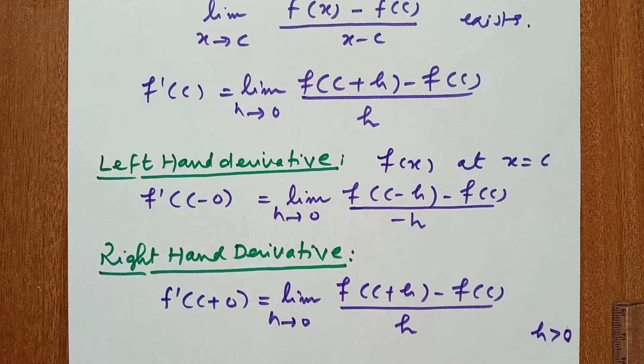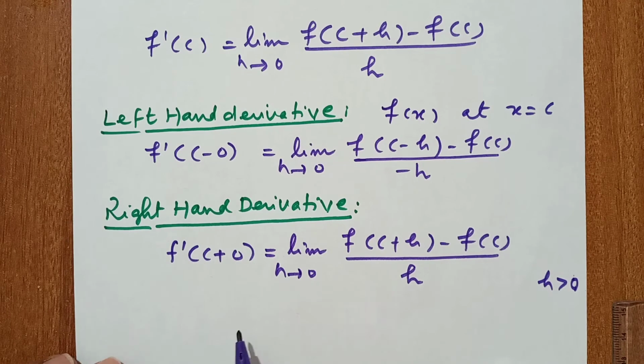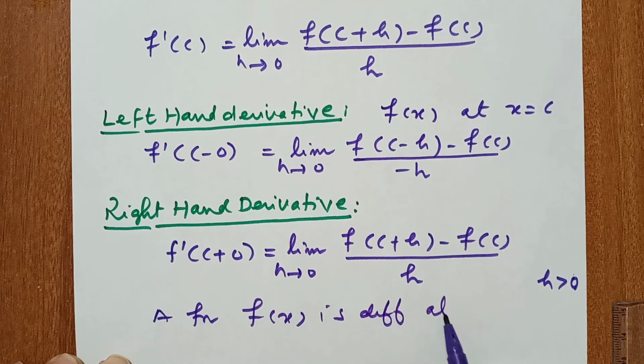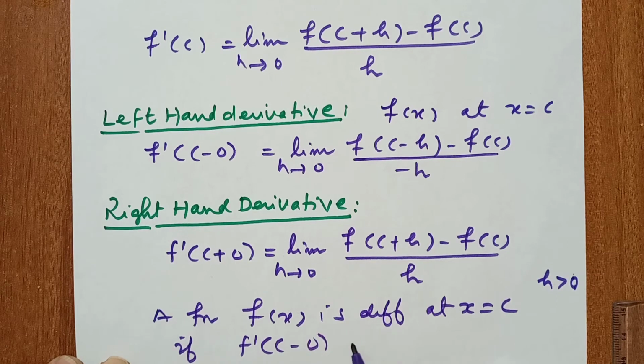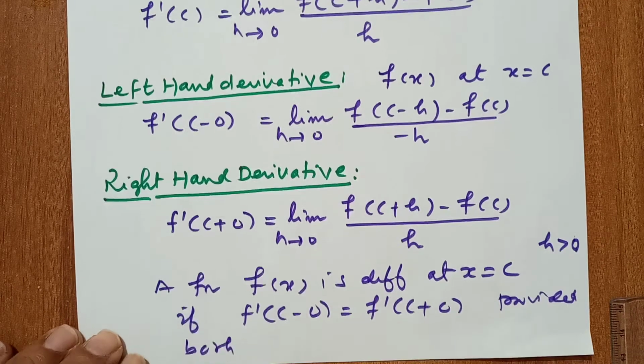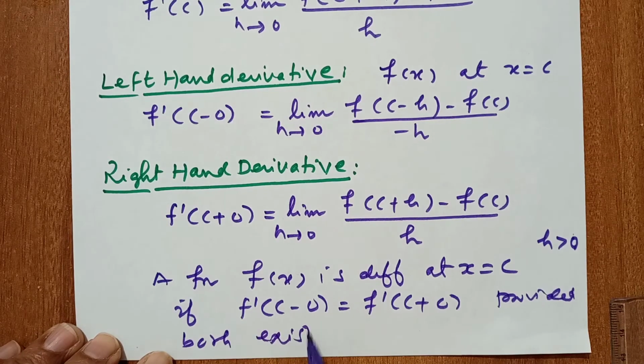So if the left hand derivative and right hand derivative both exist and are equal, then a function f(x) is differentiable at x = c if f'(c - 0) equals f'(c + 0), provided both limits exist.